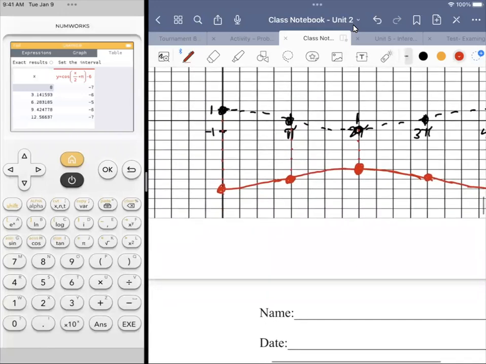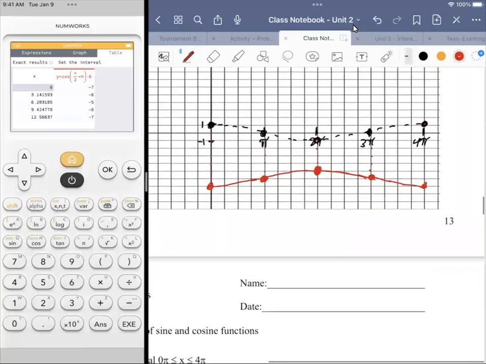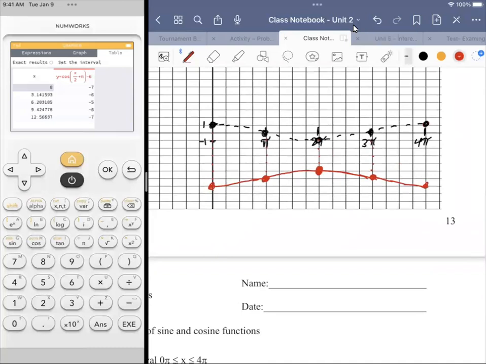Maybe it's not as easy to recognize 3 pi from its decimal, but if you know you have 0, pi, 2 pi, the next one would have to be 3 pi and then 4 pi. At 3 pi, you're down 6 units. Check. And at 4 pi, I'm down 7 units. That works out also. So I hate to use the word cheat, but you could use the calculator as a reference to help you figure out the result.